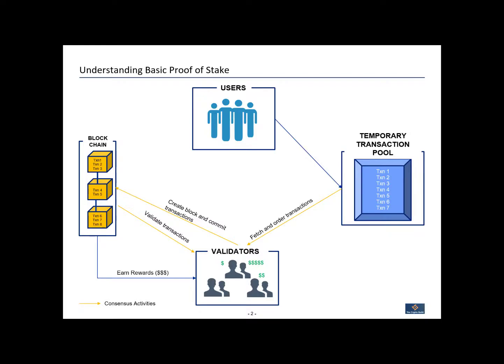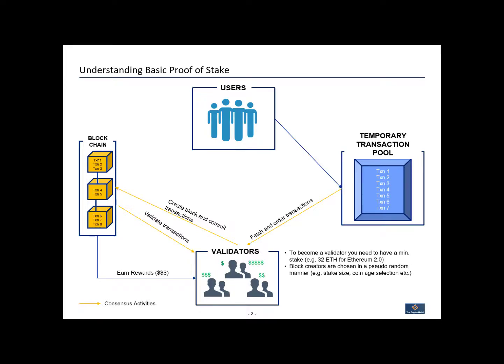Different validators may put in different amounts of coins, but the idea here is that if you want to become a validator, certain blockchains mandate that you have a minimum stake. If I go with the example of Ethereum 2.0, your minimum stake size is 32 Ether, right? So you need 32 Ether to qualify as a validator on Ethereum.